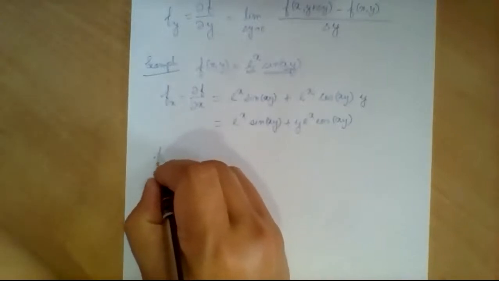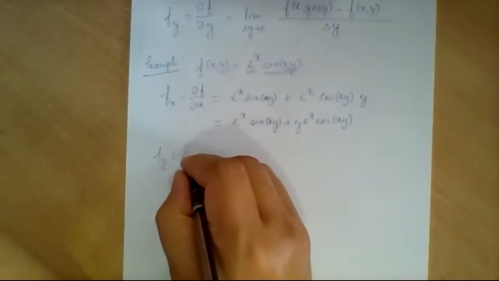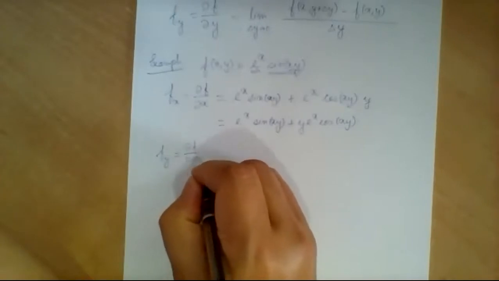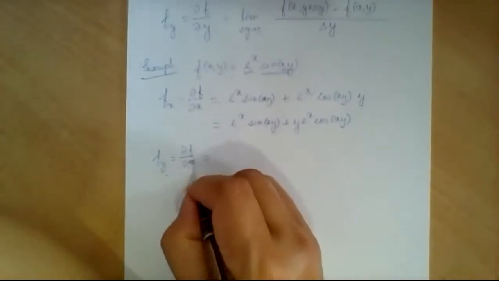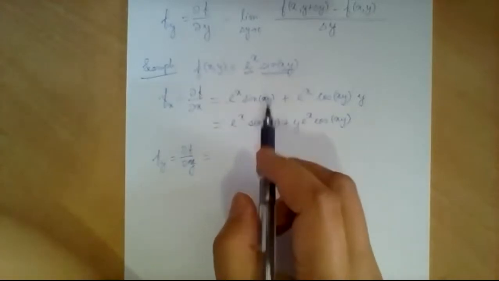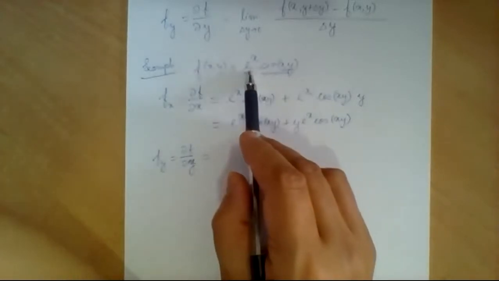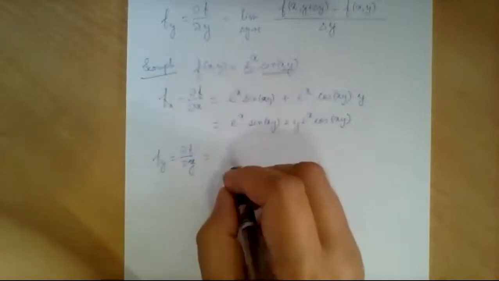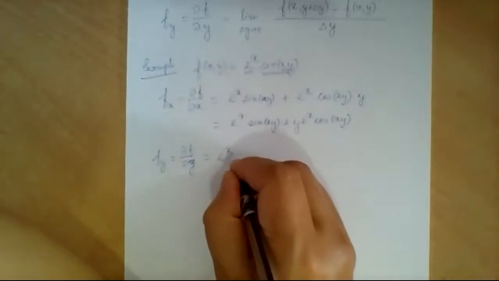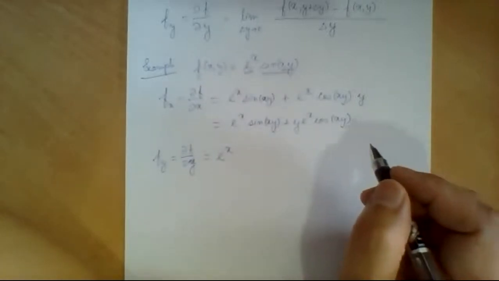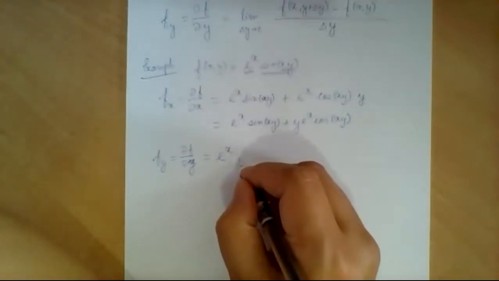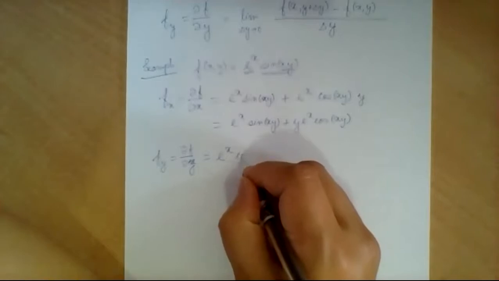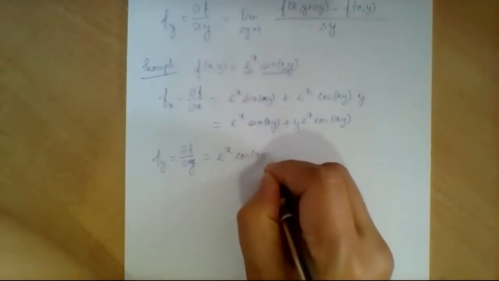Next, partial derivative with respect to y, del f by del y. You keep x constant and differentiate with respect to y. So e to the power x is some function of x, this is a constant. Then you differentiate sine of xy with respect to y, which gives cos of xy.